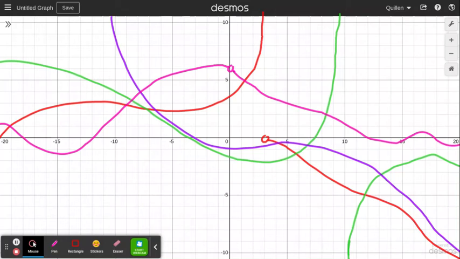Positive infinity and negative infinity, of course, do not equal each other, and therefore, this limit cannot exist. Because remember, limits only exist if both the left and right hand limits at that same point of that same function are equivalent.